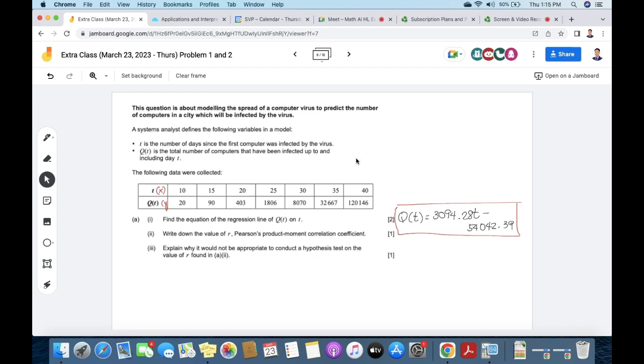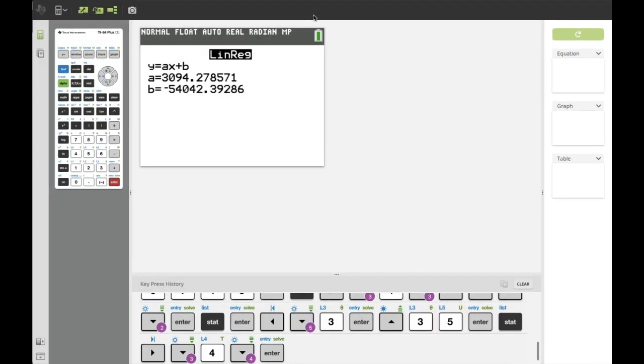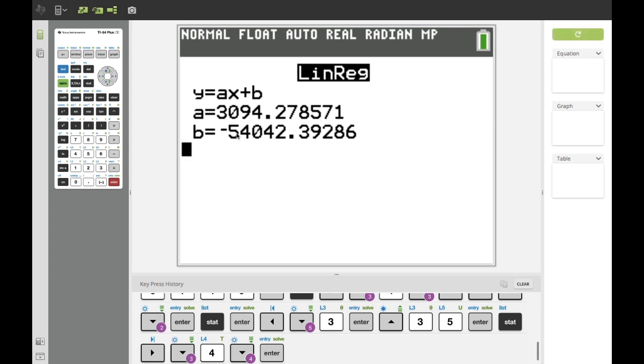All right. Now, here's the problem. The problem here is in number 2, you are asked of R, Pearson's product moment correlation. How do you find this? It's not written here. So how do you find it then? Any suggestions?